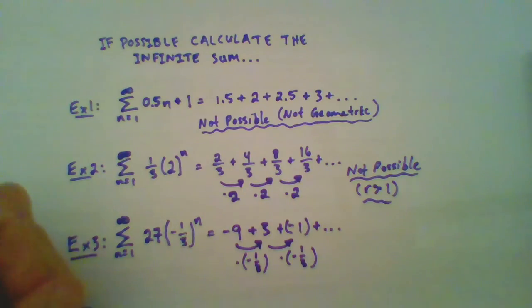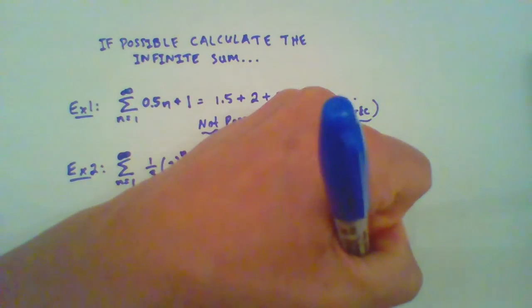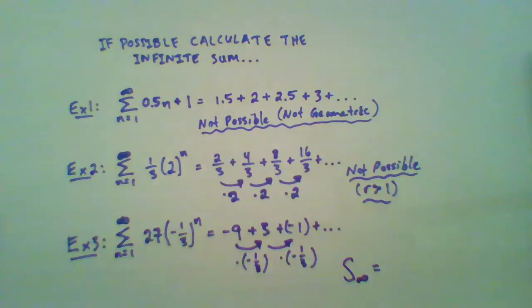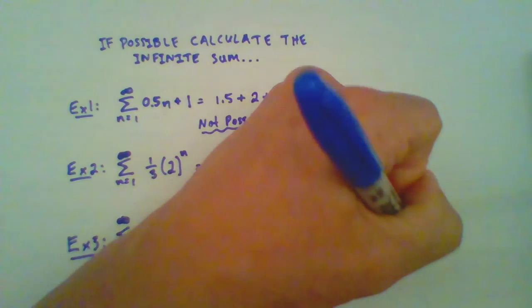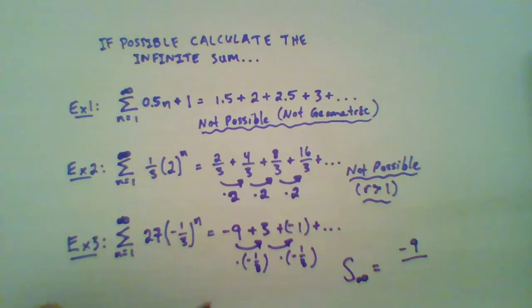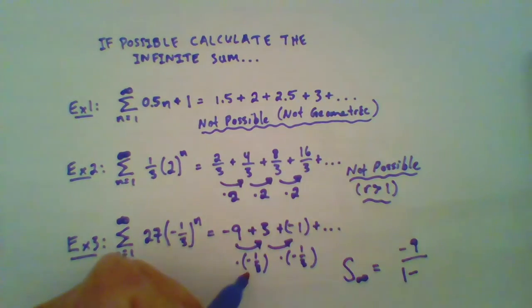So therefore we can write the infinite sum is equal to the first term on the top, -9, and on the bottom we have 1 minus the common ratio, so 1 minus r is 1 minus -1/3.